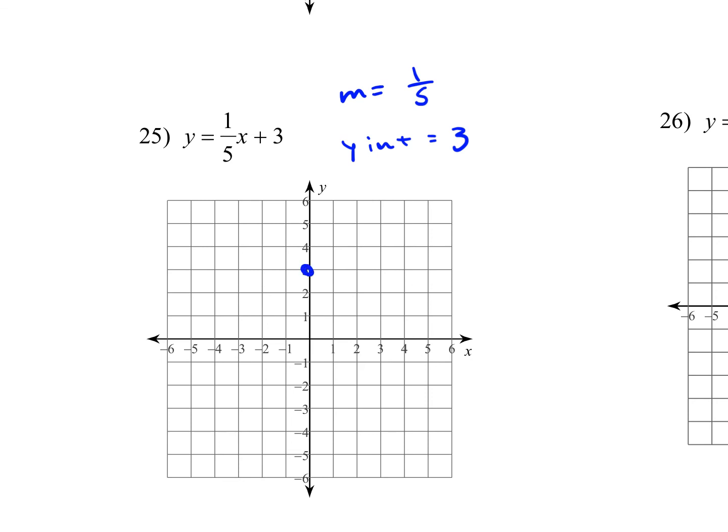Up. So I go up 3, put my point. Now what do I do? So I'm going to go up 1 and over 5. And there's my second point, and then I just connect the dots.